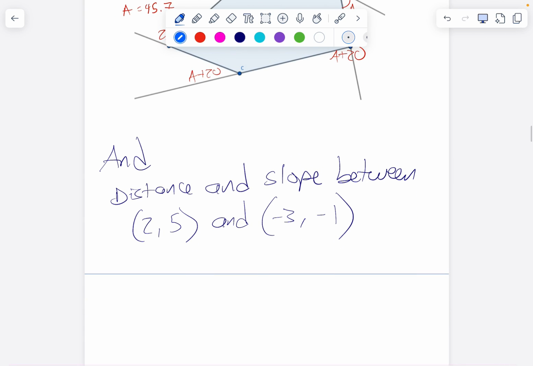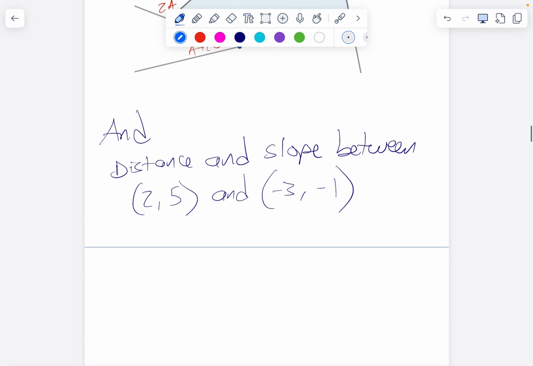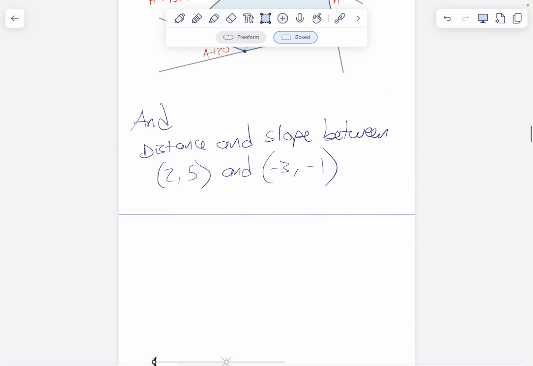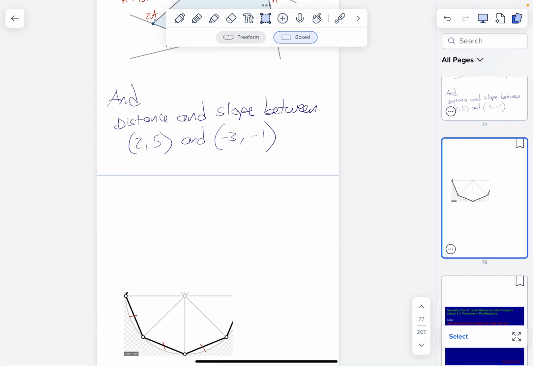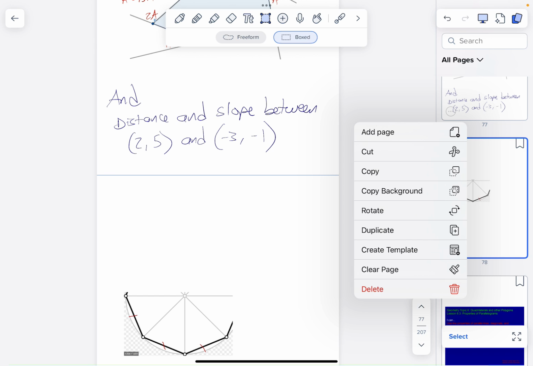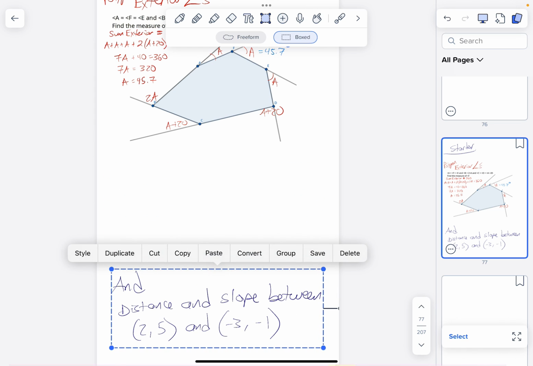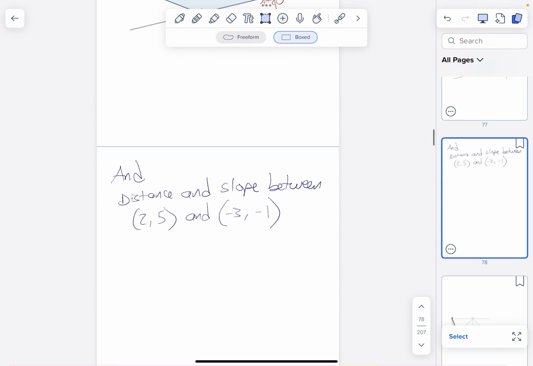All right, distance and slope. What's the distance formula? Distance equals the square root of x2 minus x1 squared plus y2 minus y1 squared. I'm going to move this down, otherwise it's going to print weird.